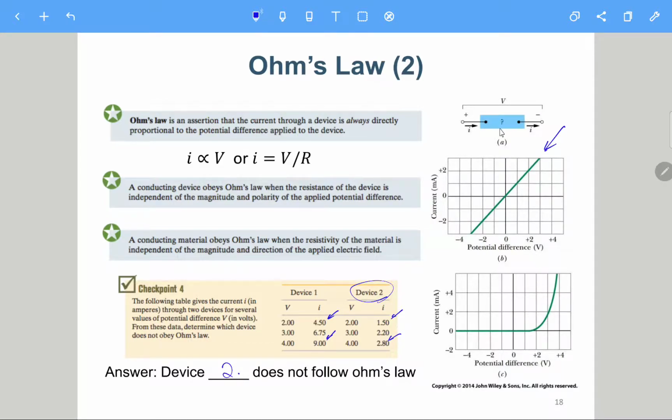We provide different electric potentials, and then we measure the current going through it. For this one we can draw a line, and for another resistor we can draw a different line, maybe with a different slope, which means different resistance.